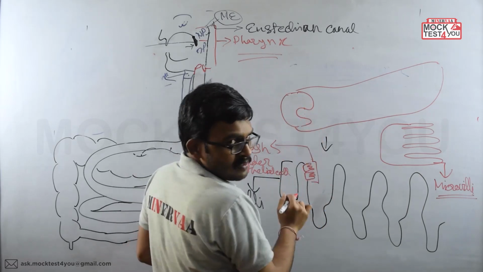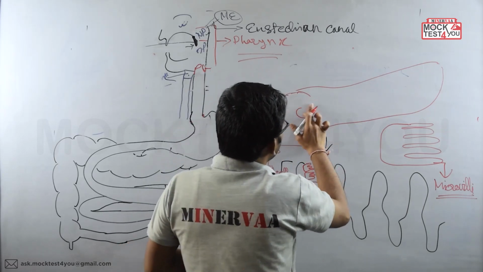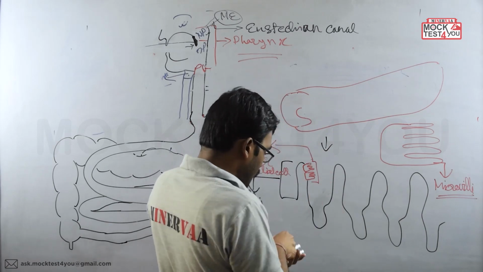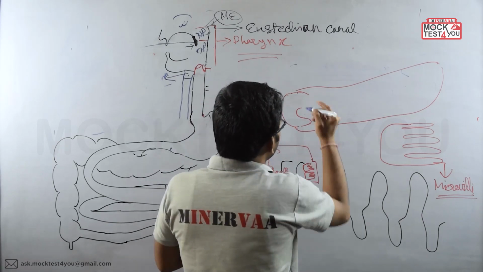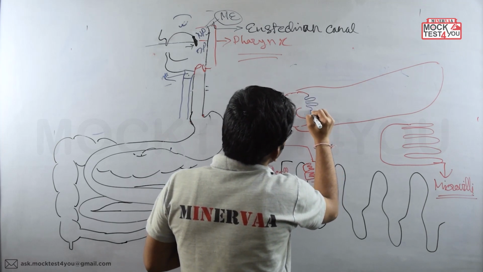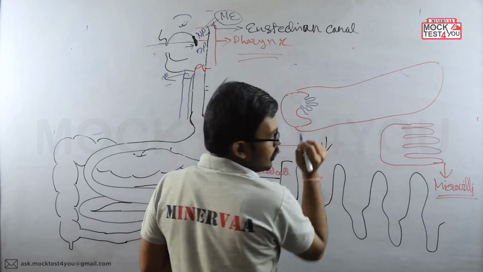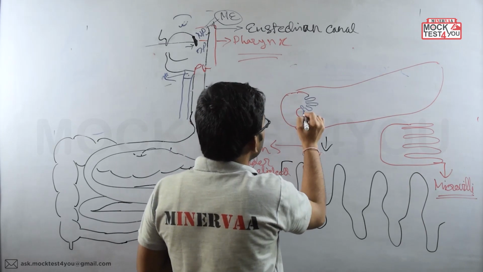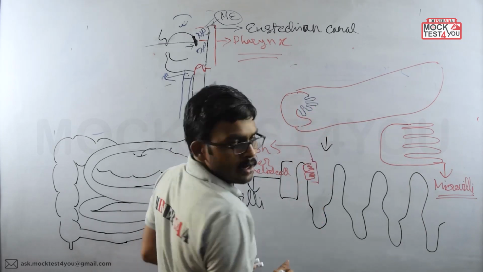Now, from the plica circularis wall, again we are observing the extension of the villi, okay, clear? So like this we are getting the extension over here, done.